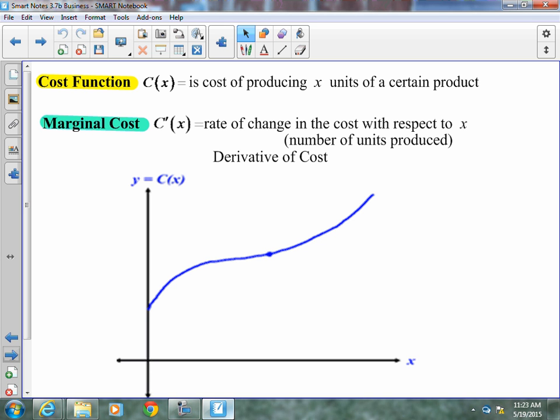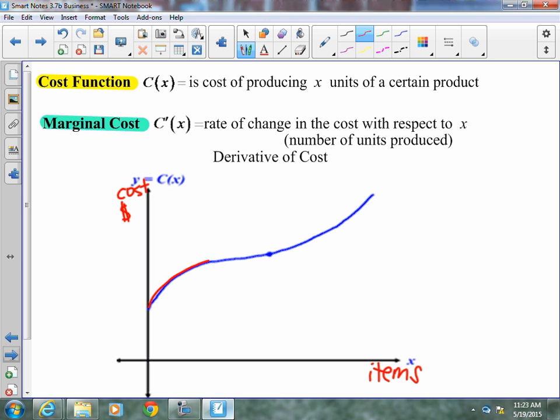Say we graphed our cost function, and when we do that, this is items made, and this is cost in dollars. So if you notice, this first part of the curve, when it's concave down, this is good. This is efficient use of our money.